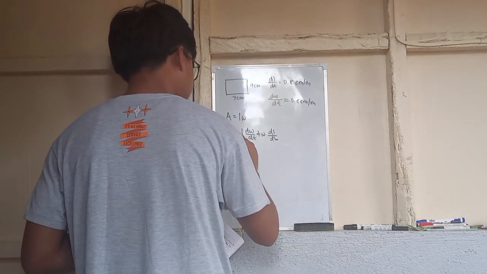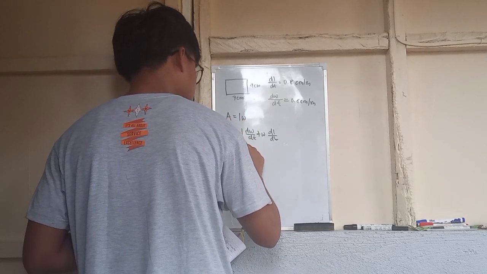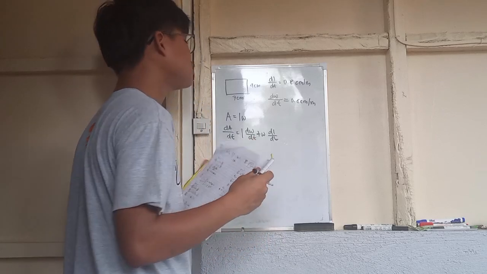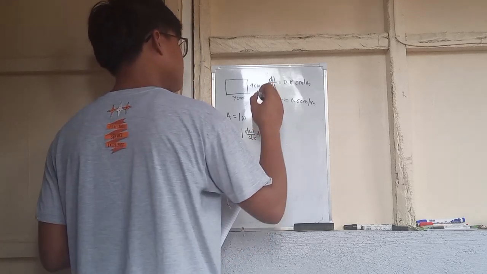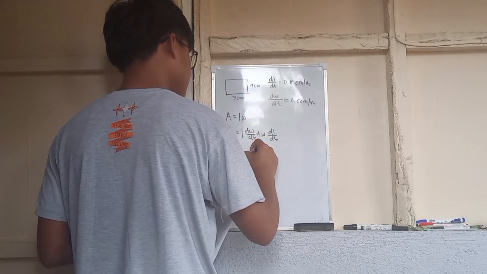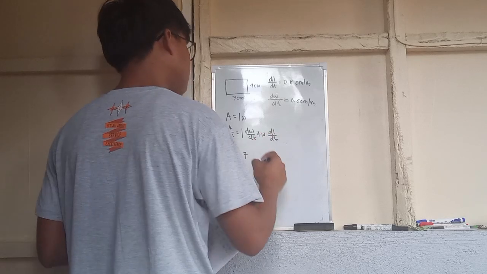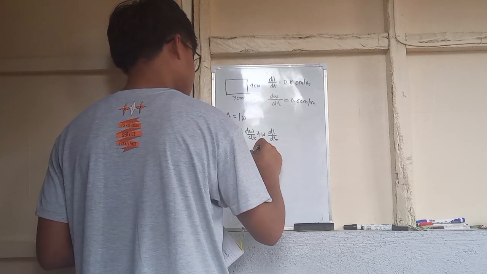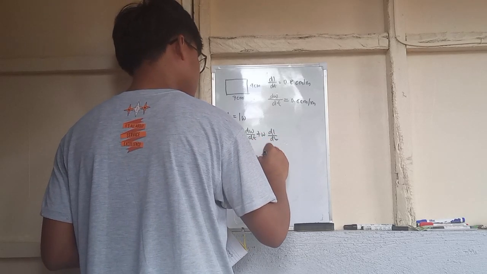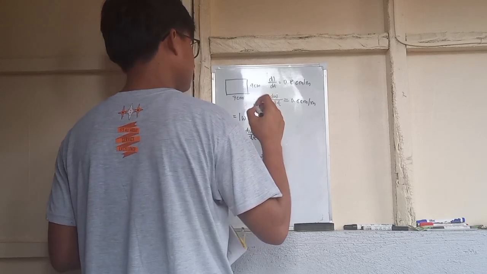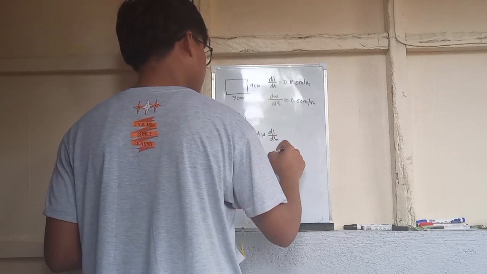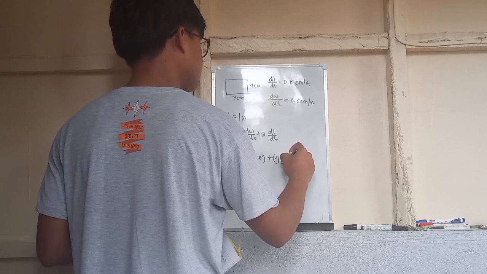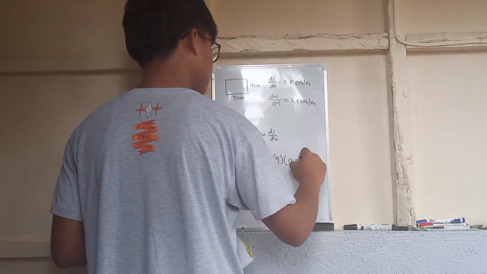So copy the dA over dt, then substitute the value of L, which is 7, and our dW over dt, which is 0.5, plus our W is equal to 4, and our dL over dt is equal to 0.8.